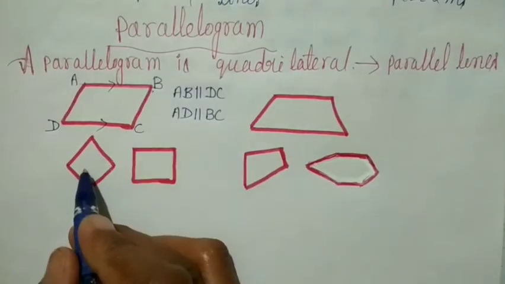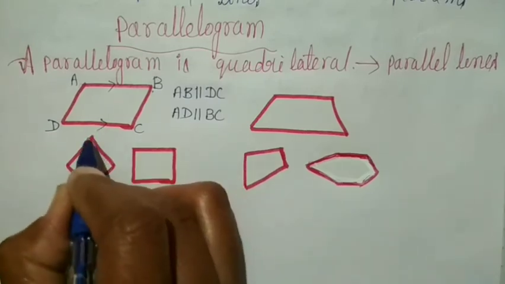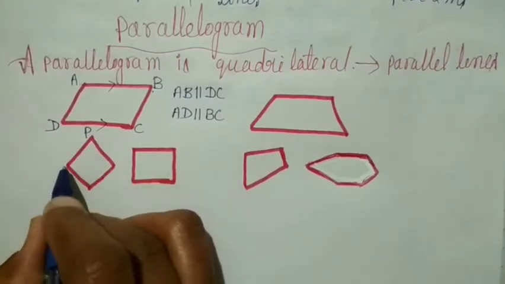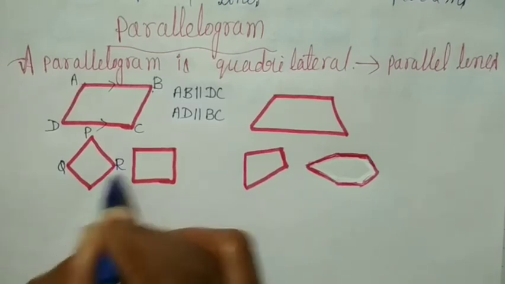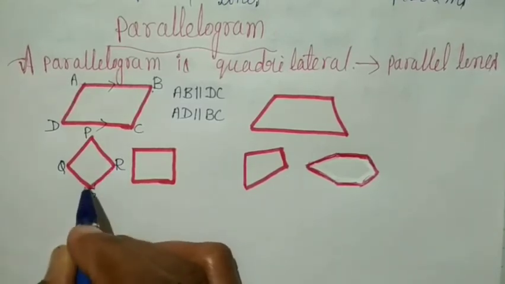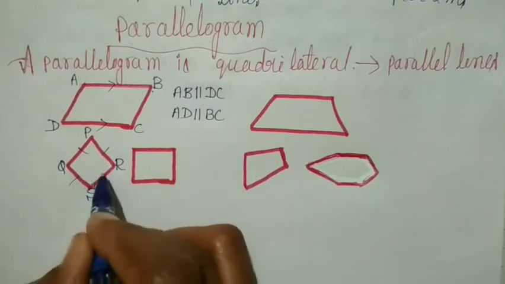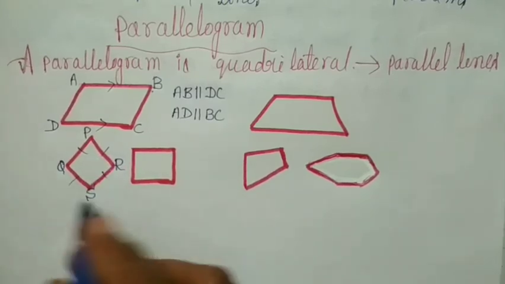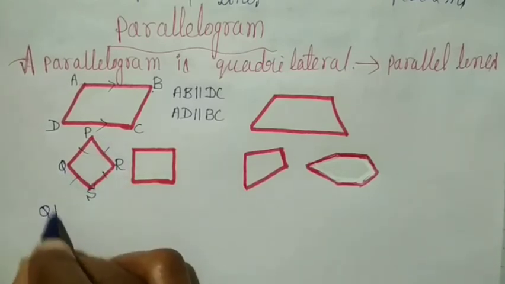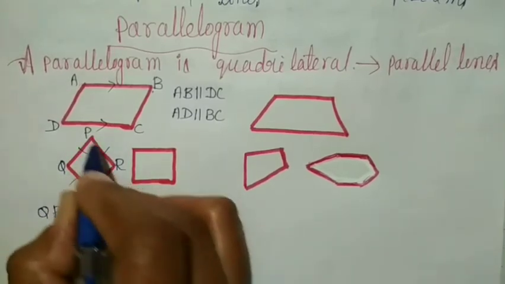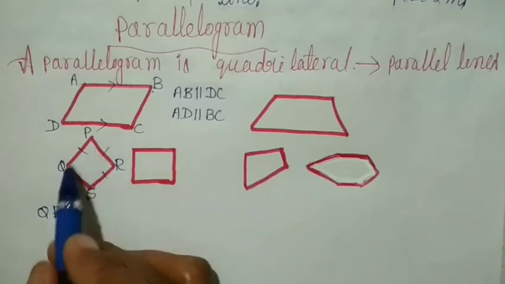Next, coming to the second figure, P, Q, R, S. Here, sides are equal. QP parallel to SR. Look at this.